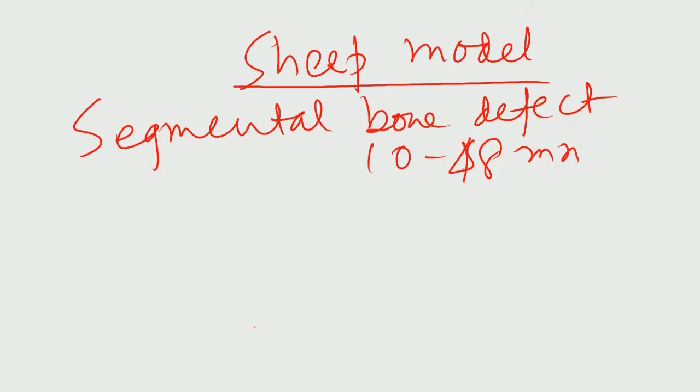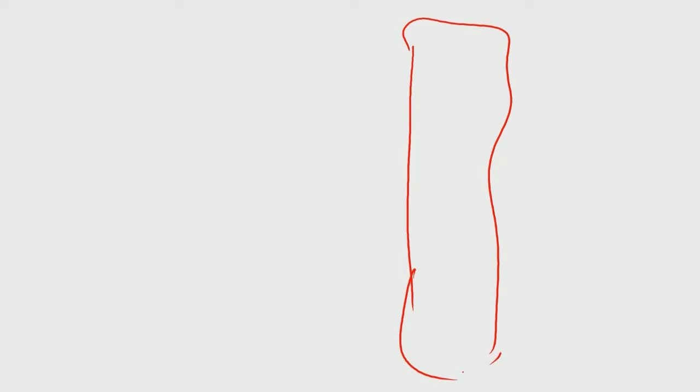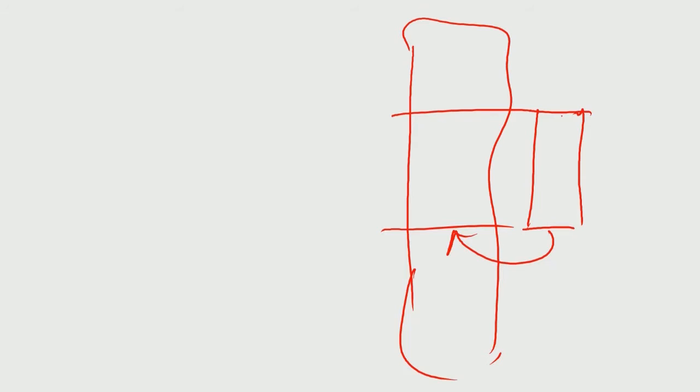Suppose we have a large bone structure and you cut out a part of the bone, then you have a cylindrical implant. This implant you can insert at this bone defect, and there is something called a critical size defect.